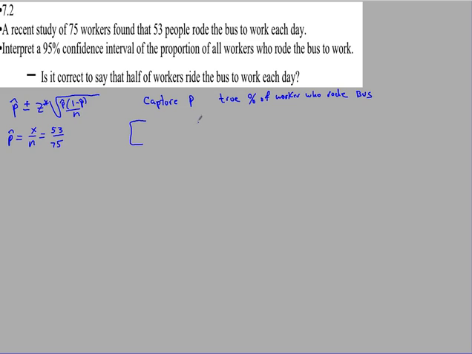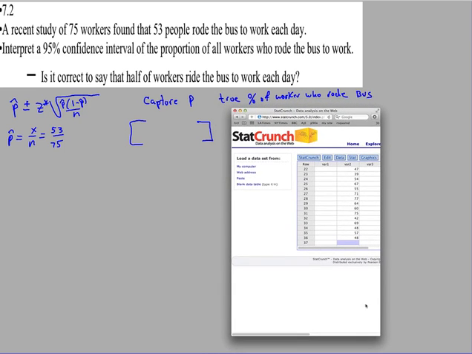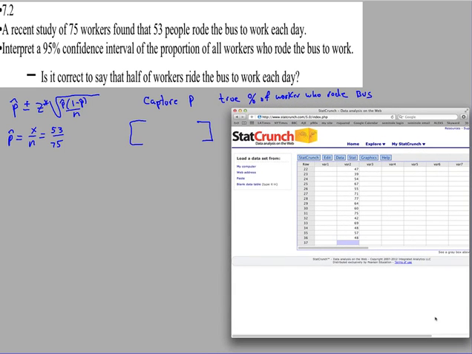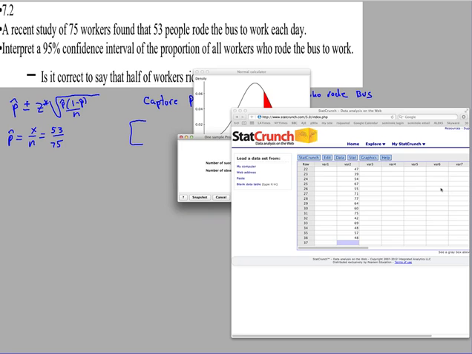So I'm going to get it in an interval. Okay? So the way we do that, we go to our StatCrunch. Okay, for this case, it's going to be a little different. We're going to go stat, and we're going to go to proportions. We're going to go to one sample, and I don't have data, I have summary.